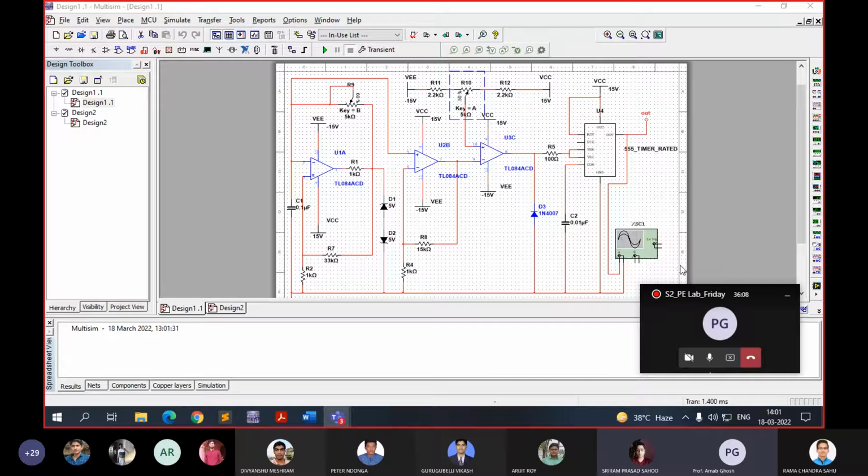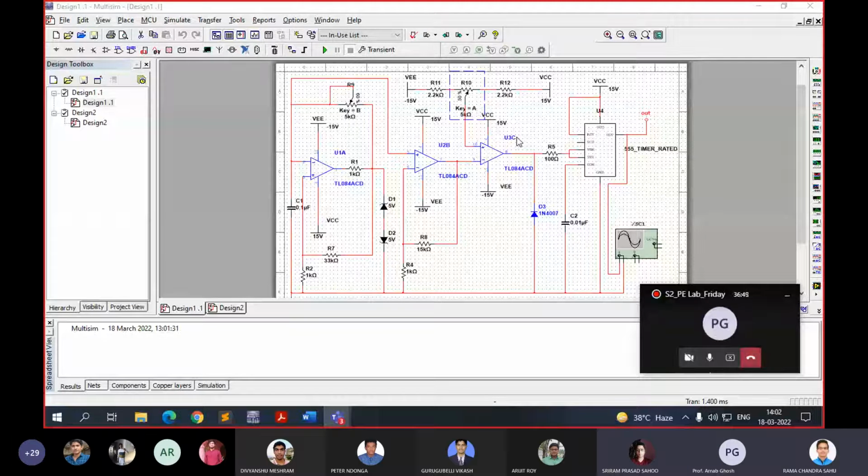Acha. So what is your PWM frequency? 50 hertz, sir. How do you know it is 50 hertz? Sir, in general it is 50, so I think. I'm not sure about that. No. How to find out the frequency if you are having a signal?